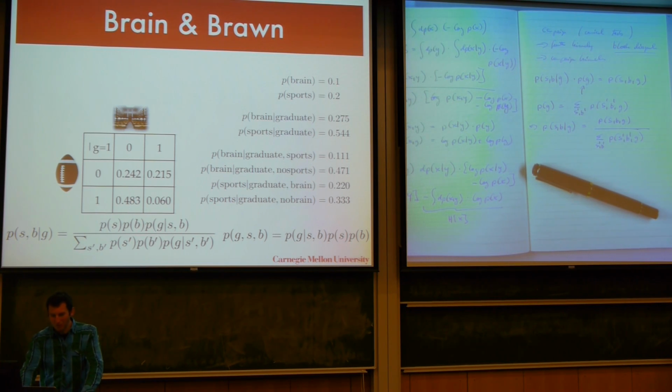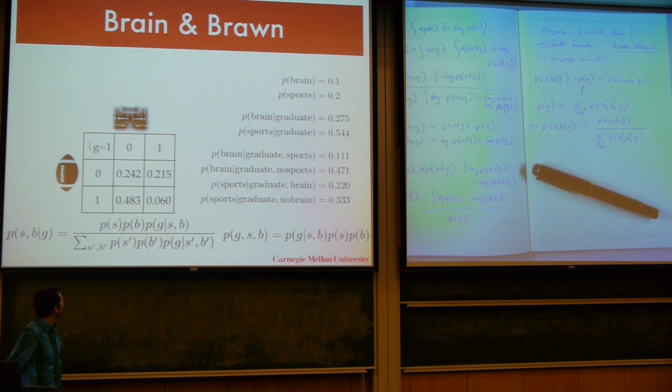And they are quite obviously higher than the chances of just any random person being smart. So that was initially 10%, and it goes up to 27.5%. And likewise, the chances that you're sporty if you graduated are now 54% rather than 20%.